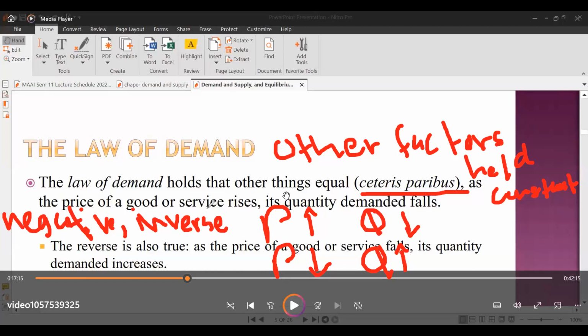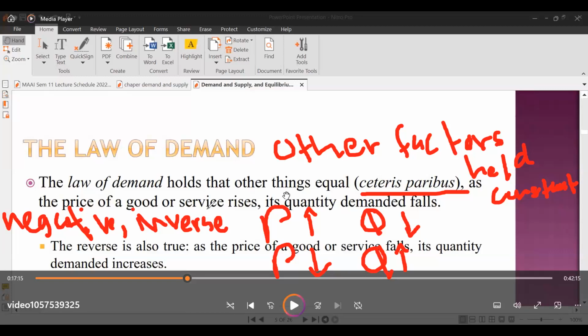The law of demand means there is an inverse relationship between price and quantity demanded, and it examines the relationship between price and quantity when other things are held constant, right?